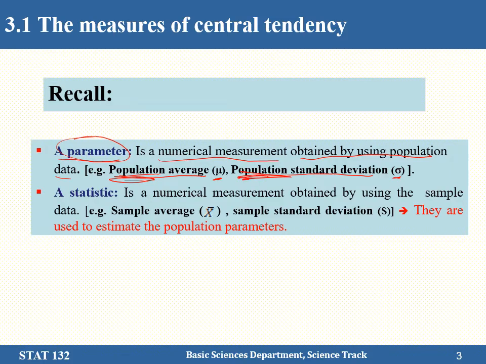And the same things, the same like average and standard deviation, if they come from the sample, we call them statistic. And we denote them by different symbols like X bar here, the sample average, and the sample standard deviation with S. And these samples are used to estimate the population parameter. So statistics is used to estimate the population parameter.